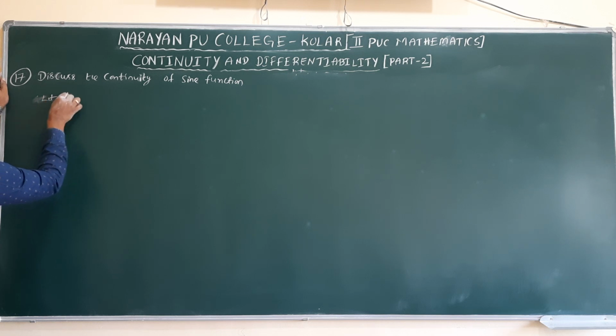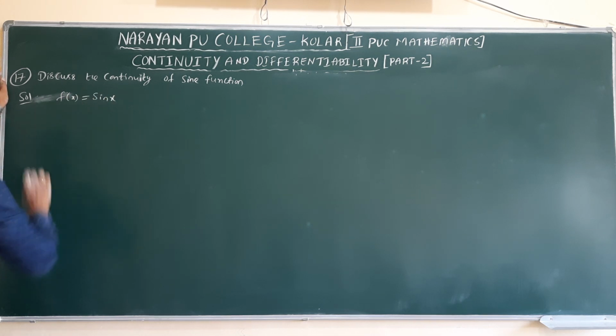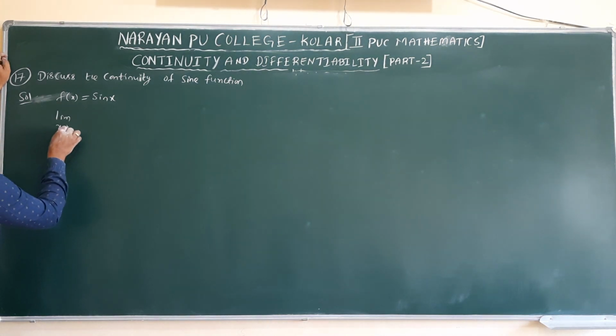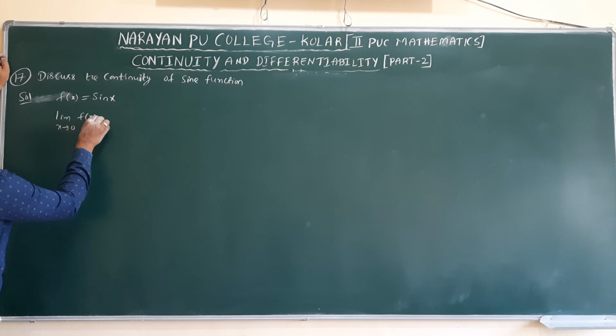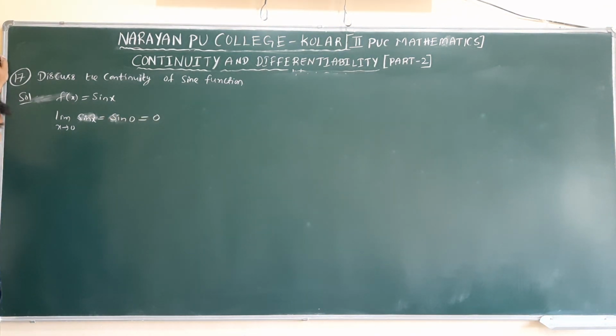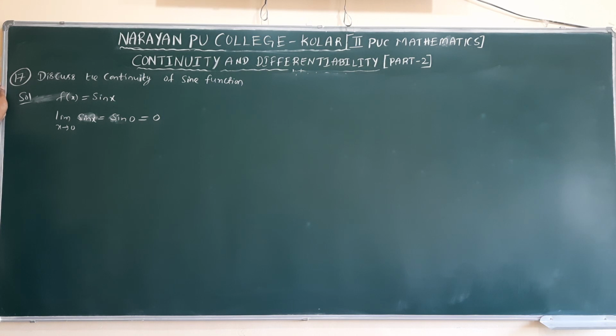Clearly f of x is sin x. We need to check whether it is continuous or not. If we take the limit x tends to 0, sin x is sin 0, that is 0. At 0 we directly get 0. Next we need to verify the remaining non-zero real numbers.